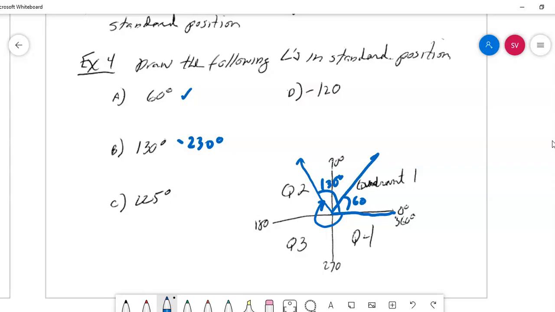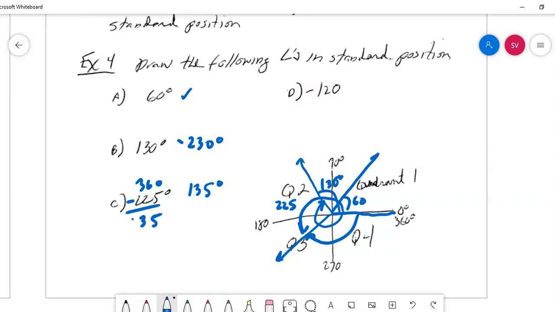All right, next is 225 degrees, so that's going to put us somewhere in quadrant 3. So here's 225 degrees. Now, if I wanted to go from here to here, that would basically be 135 degrees. So you just subtract 360 from 225 to get that angle amount.